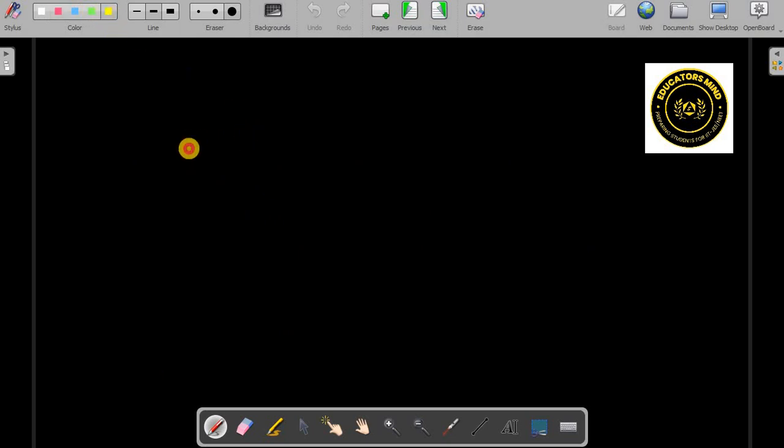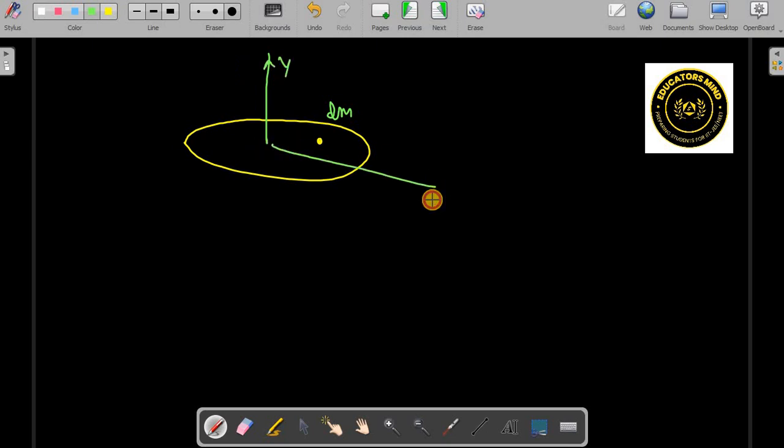So suppose you consider a disk like that, and let us say there is a point here, right? You can take this point element dm and its position is x, y, z, because here we have taken this as y-axis, right? This we have taken as x-axis, this we have z-axis.